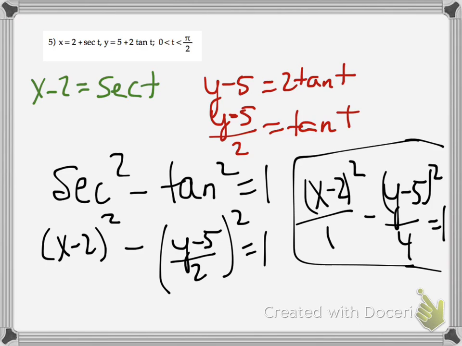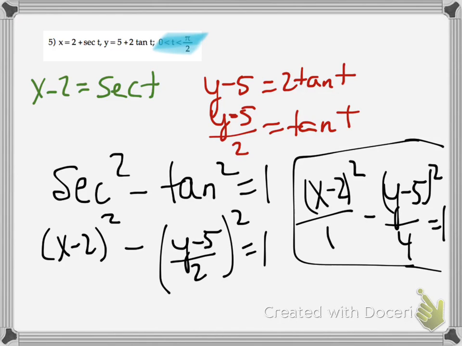Now again, I think it was number 3. Okay, we graphed it and we did zoom 6 for that because the parameters for the other one were 0 to 2 pi. For this one, it's 0 to pi over 2. So again, go and graph it, right? x1 equals 2 plus 1 over cosine t, and y1 equals 5 plus 2 times the tangent of t.